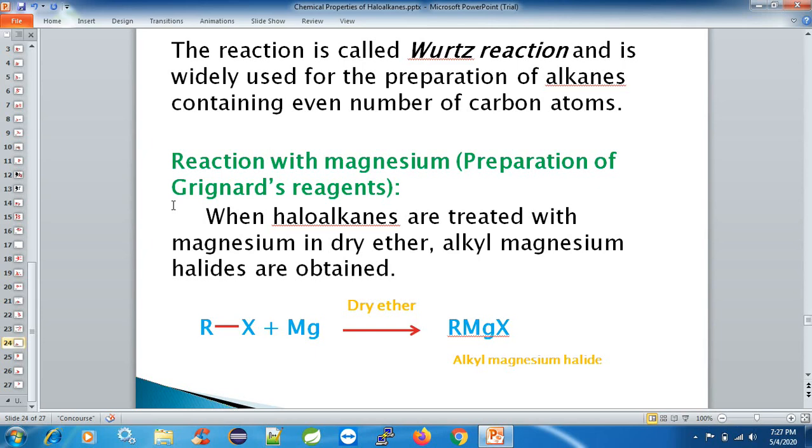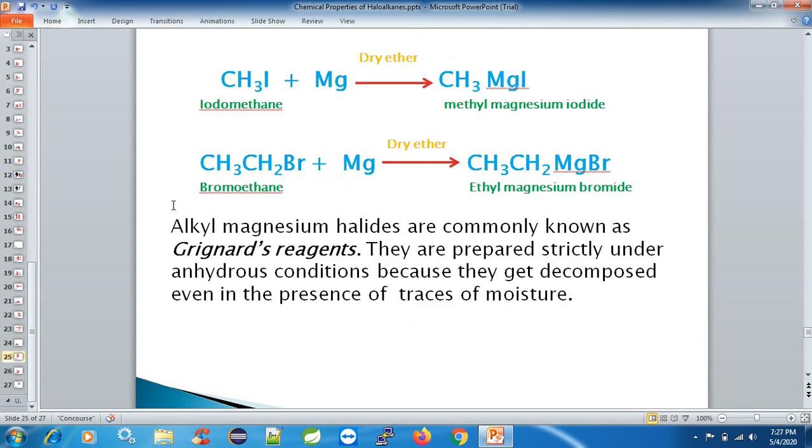You see the general equation, R-X, alkyl halide reacting with magnesium in the presence of dry ether. Alkyl magnesium halide is formed. This alkyl magnesium halide is known as Grignard's reagent.